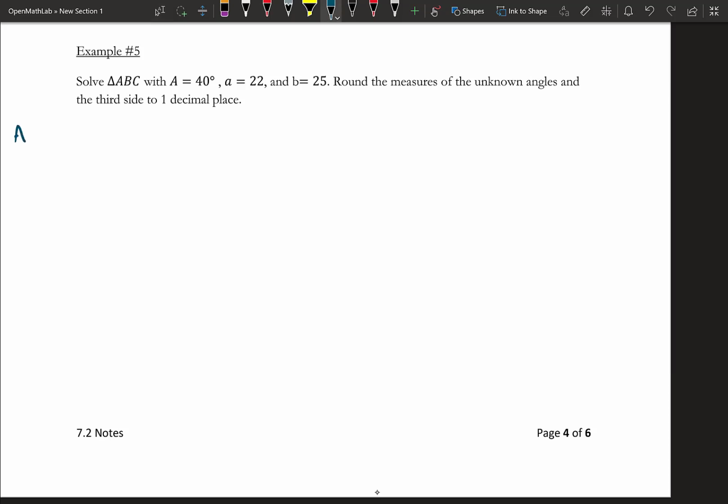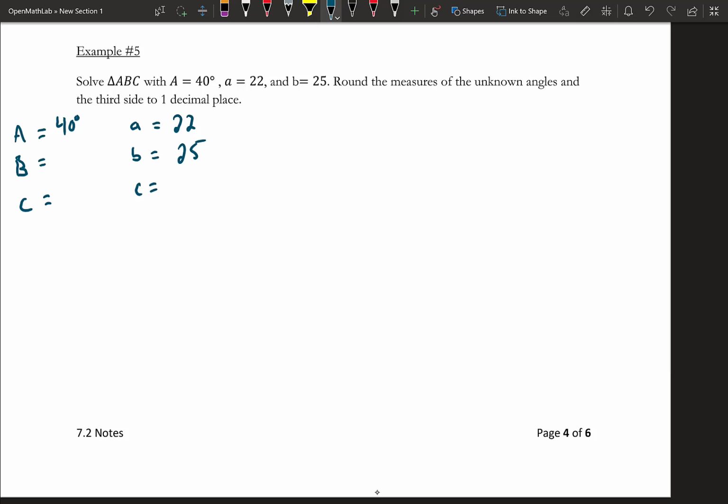So let me just fill this in. So what we know is this is 40 degrees. I know that little a is 22, little b is 25, and that's all we know, right?